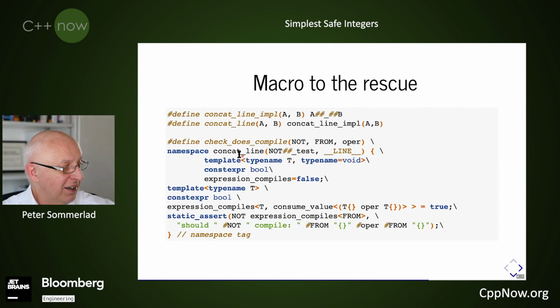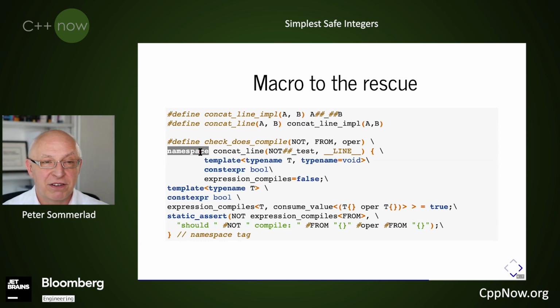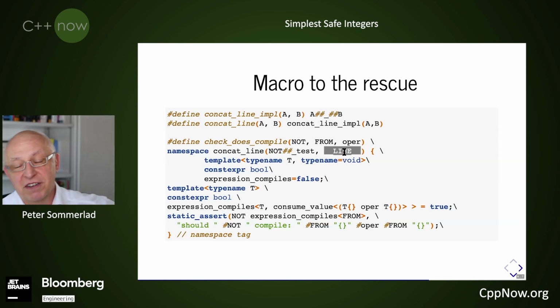To get there, we put traits, expression compiles, each in a different namespace, so we don't have to have too many different names. And we create that namespace from some name plus the corresponding not or not, and the line where it's actually called.